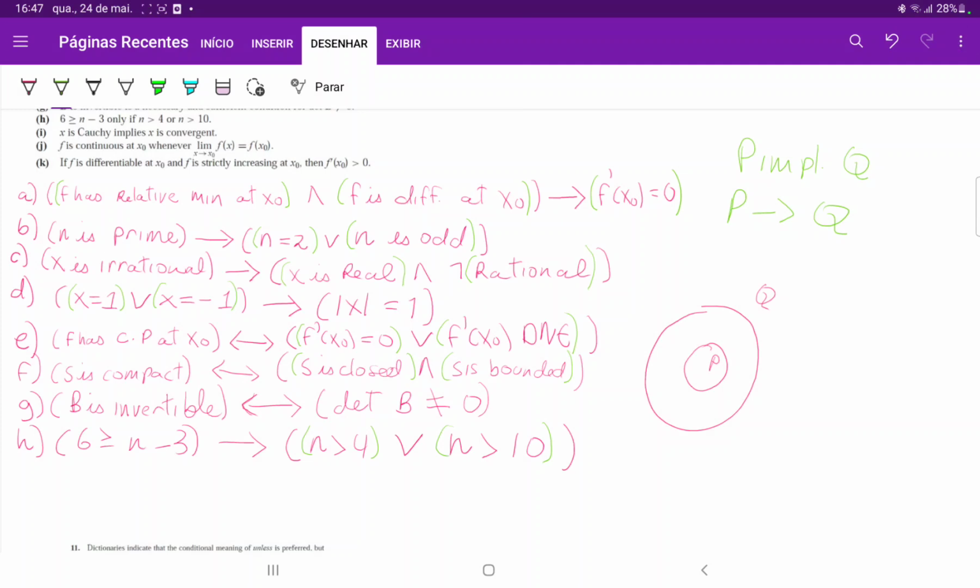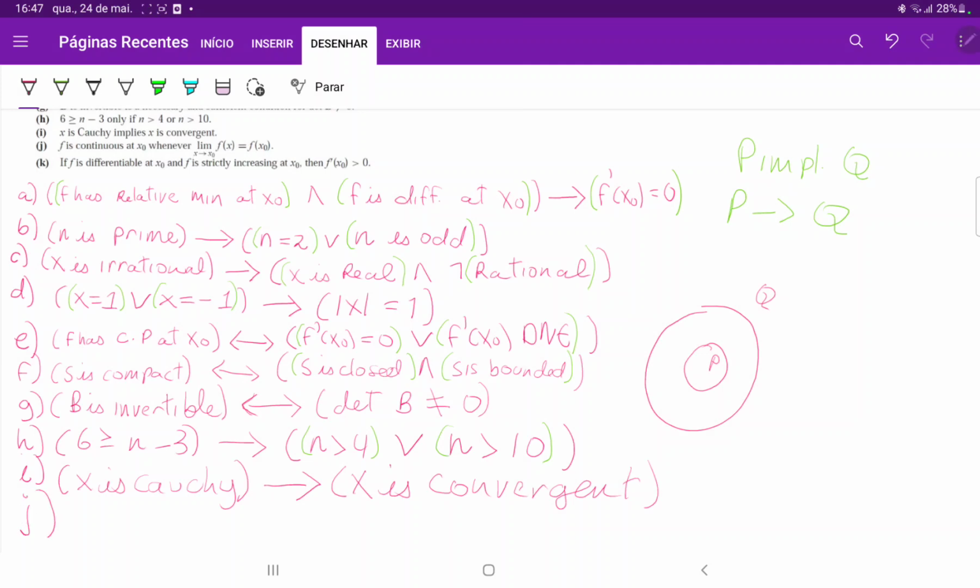So let us set this up as a conditional statement. For I, P is X is Cauchy. This is our P. If P, then Q, right? So I have a conditional when X is convergent. And we don't need any more parentheses, I believe. Yeah. Now let's do J.